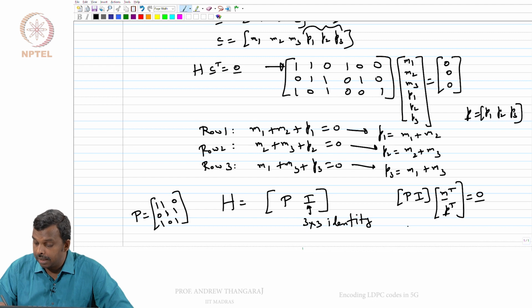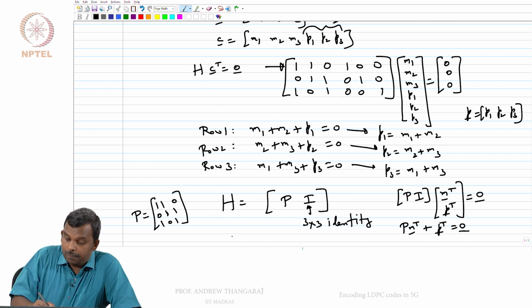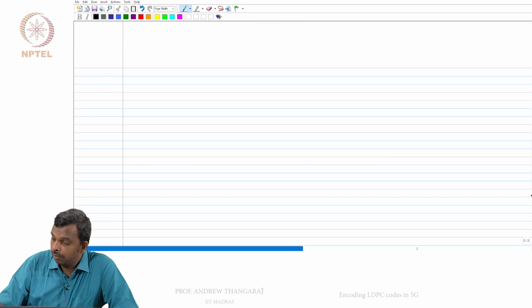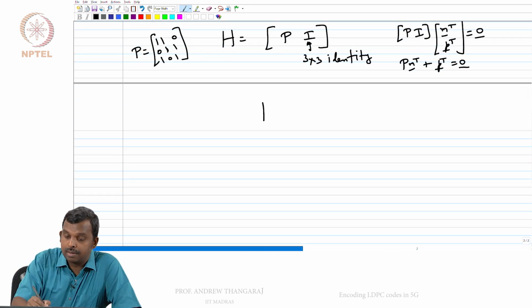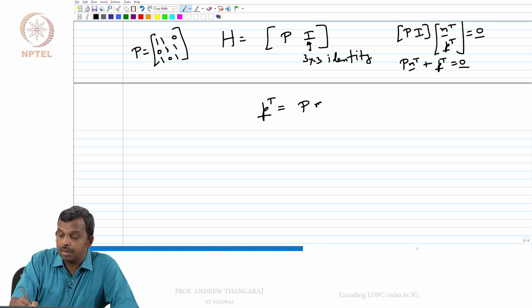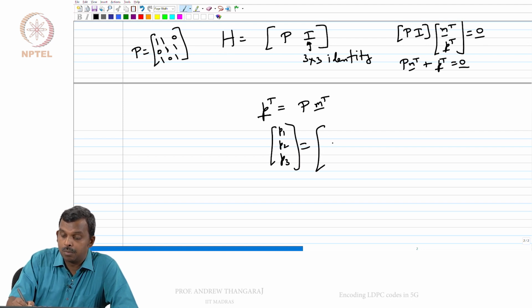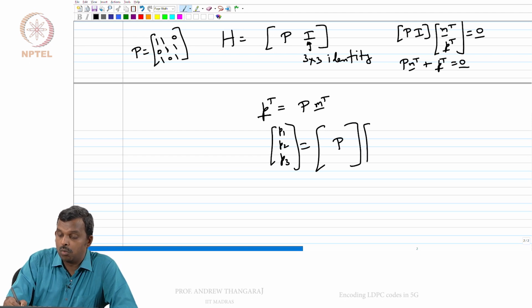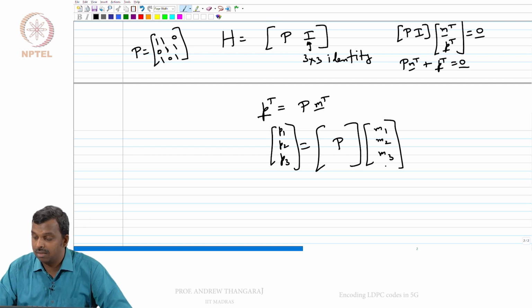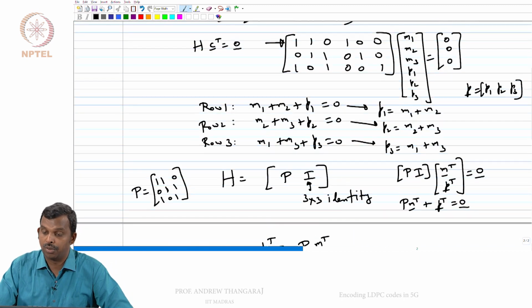You simply get that P times M transpose plus the parity bits transpose is 0, and you can quickly see that the parity bits transpose is obtained as P times M transpose. So in other words, if you want to write it differently, P1, P2, P3 is P times M1, M2, M3. Okay. So this is just another way of writing it. It's all the same thing written in different ways.